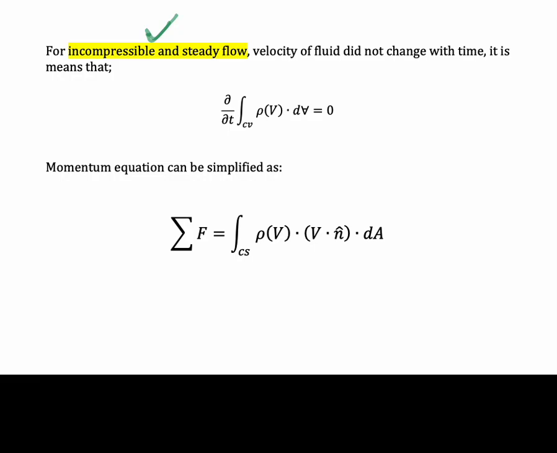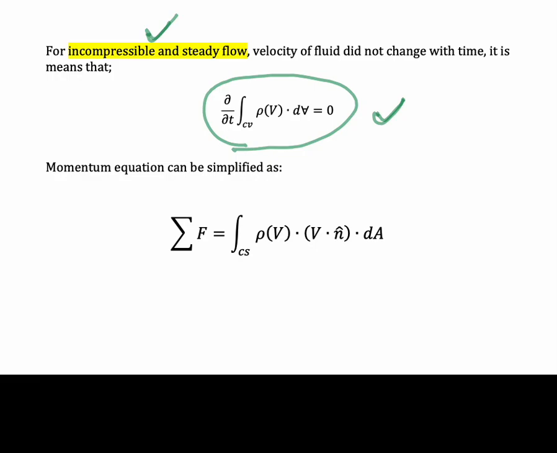So the velocity of the fluid does not change with time, which means that the integration over the control volume of rho V dV will equal 0. So this is the simplest, most common assumption used in the momentum equation.